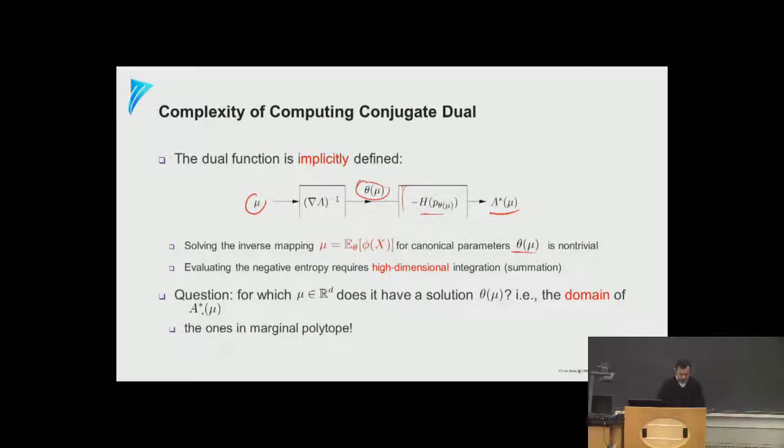So now it gets a little bit closer to a theory that can unify a lemma of the approximation technique. Our question now focuses on, first of all, finding the domain of mu such that a solution exists. That's the first question.